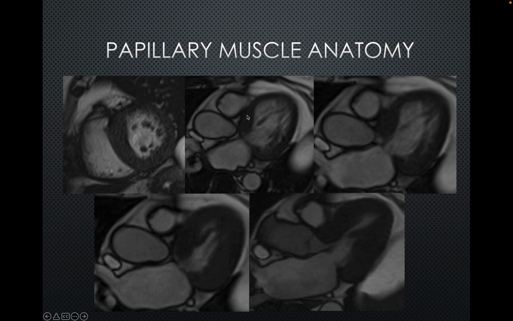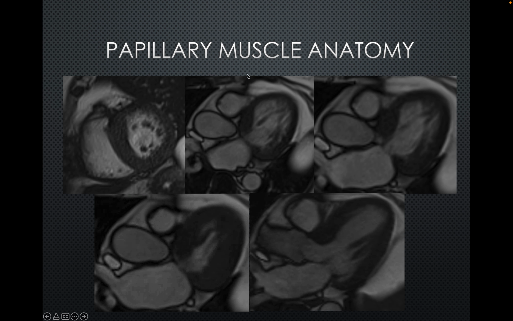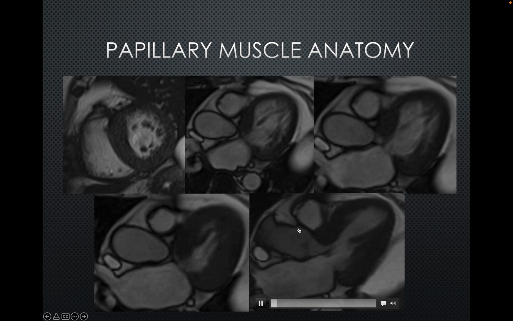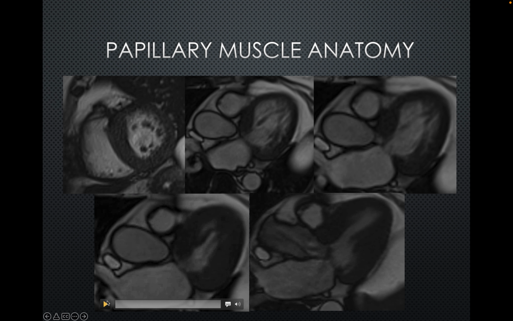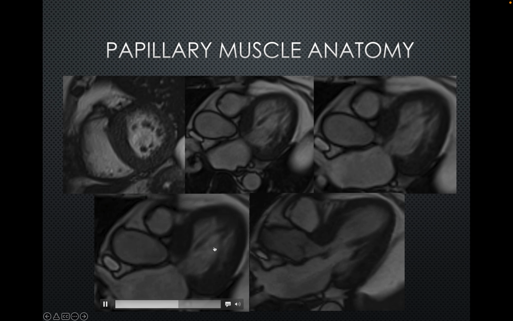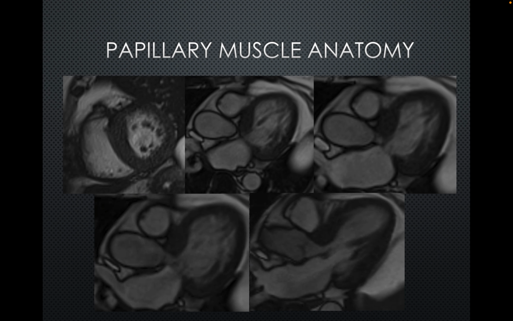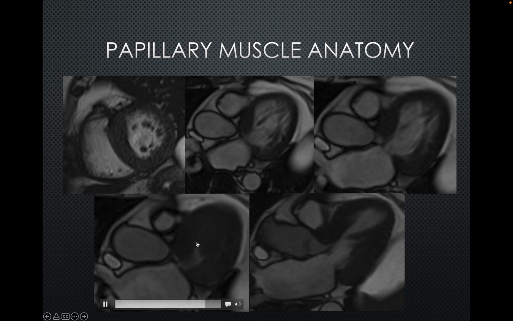For instance, this patient was a candidate for alcohol septal ablation, and then the MRI revealed one of the papillary muscles passing very close to the potential site of the alcohol ablation. This patient was excluded from alcohol septal ablation because of the papillary muscle anatomy detected on MRI.